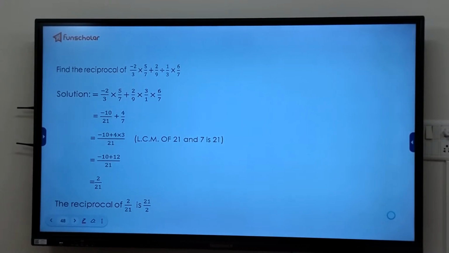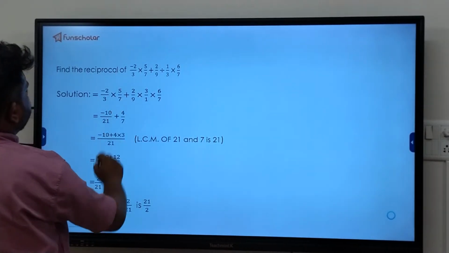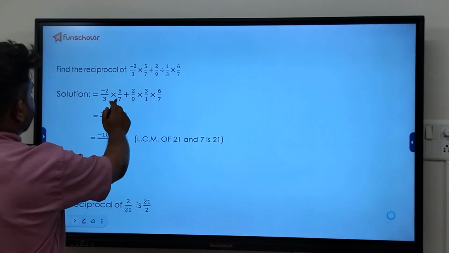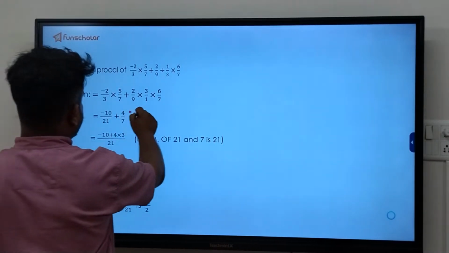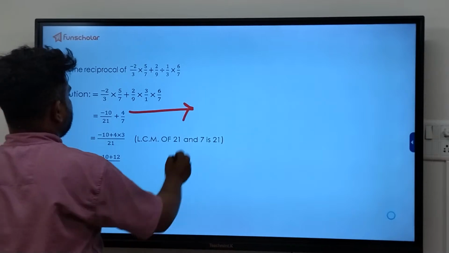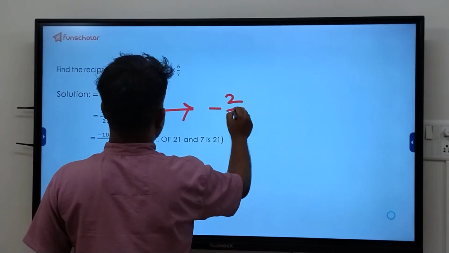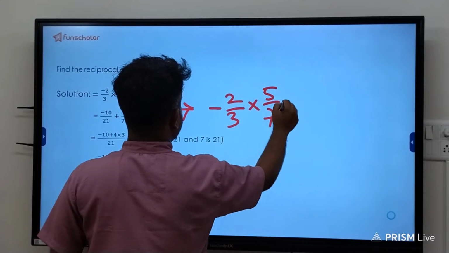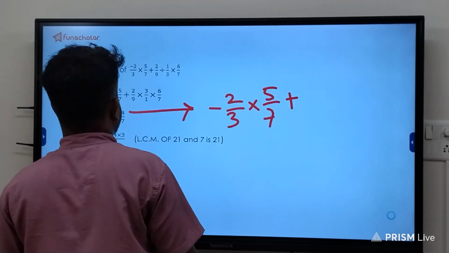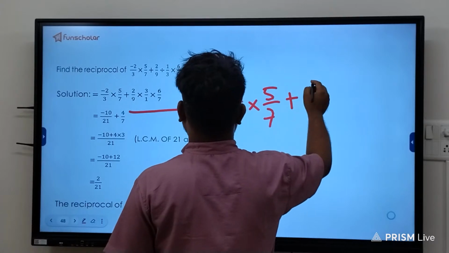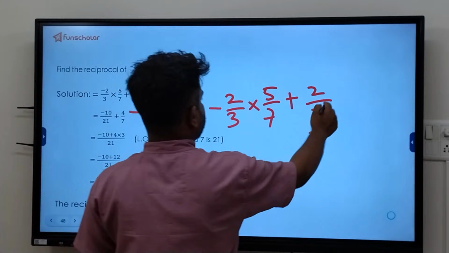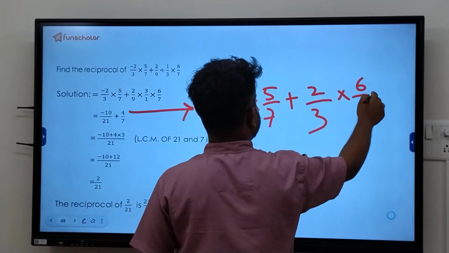Yes. So they just flip this to make it 2 by 3, and then after division we use multiplication to make it 6 by 9. Minus 2 by 3 multiplied by 5 by 7, then plus 2 by 3 because 3 and 9 get cancelled, and here this will be 6 by 7.